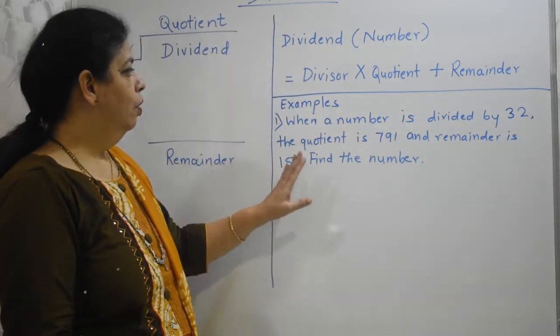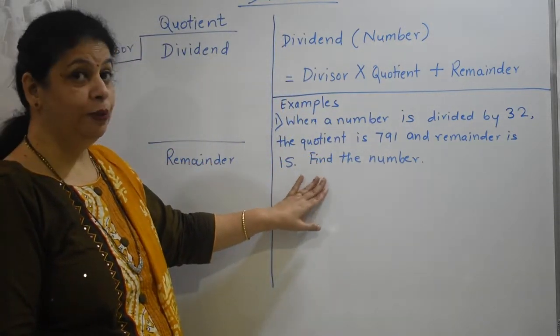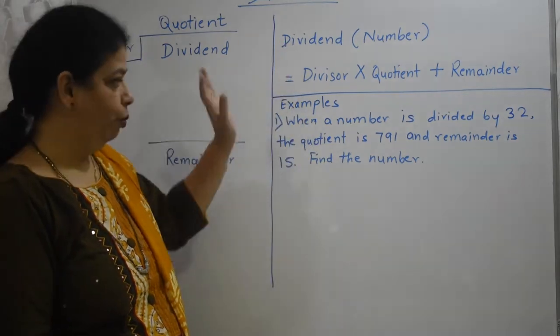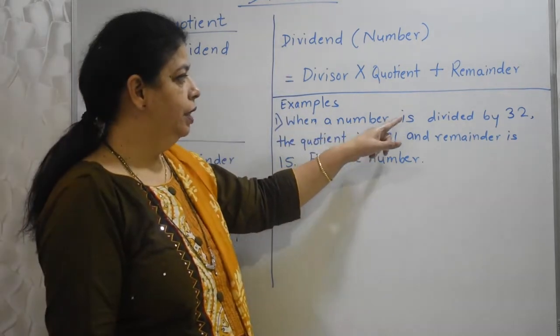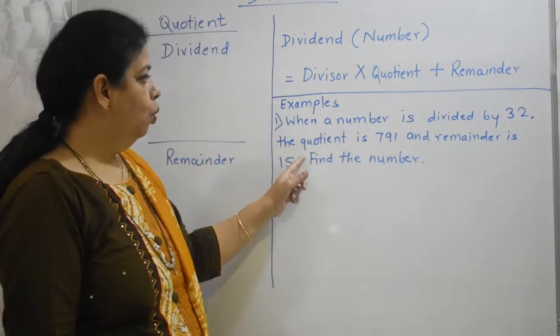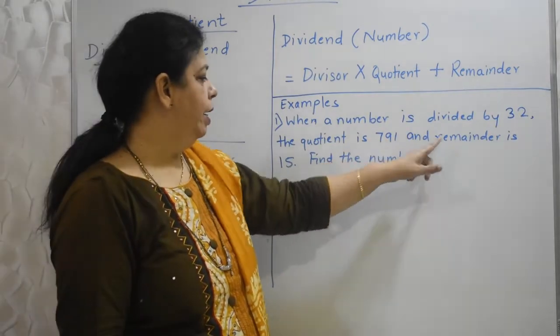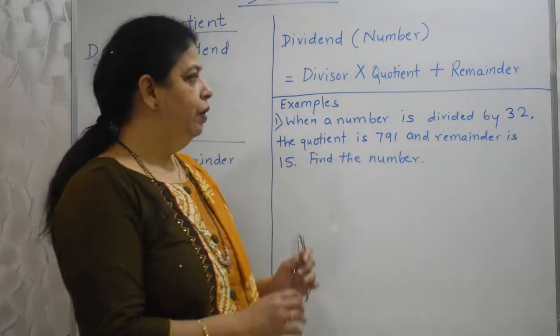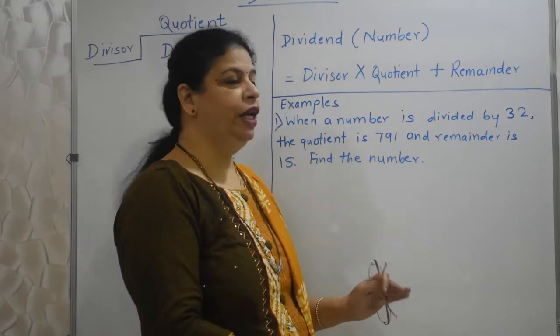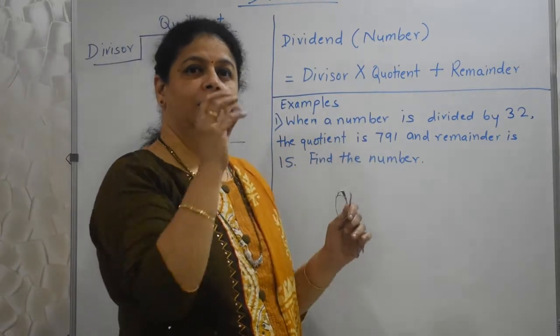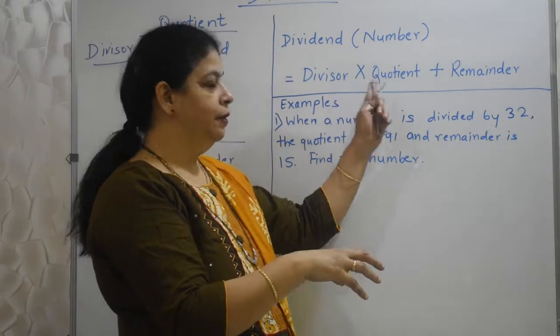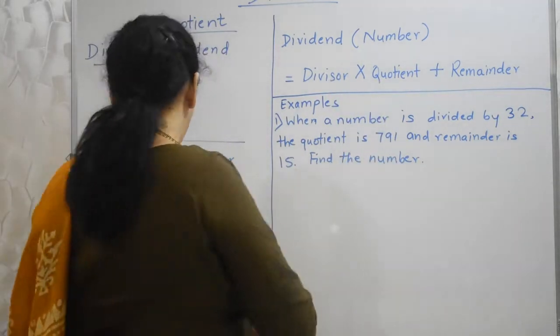We'll take one example. These types of questions are asked based on this formula. When a number is divided by 32, the quotient is 791 and the remainder is 15. Find the number. We will make use of this formula, substitute the values and calculate. As simple as that.